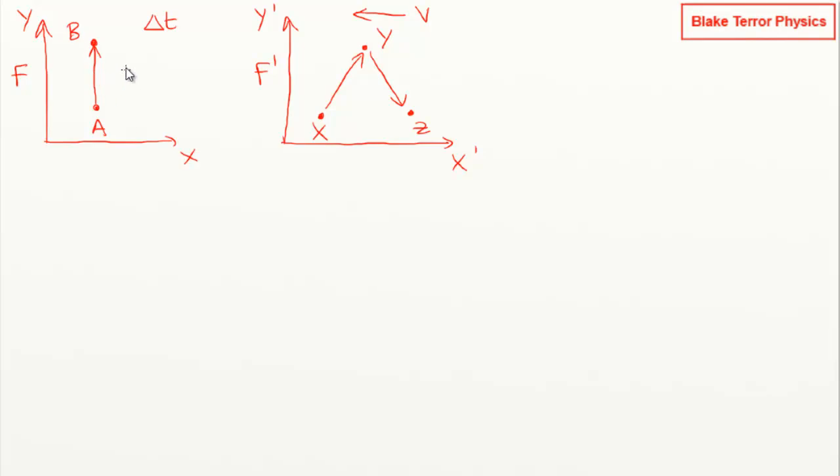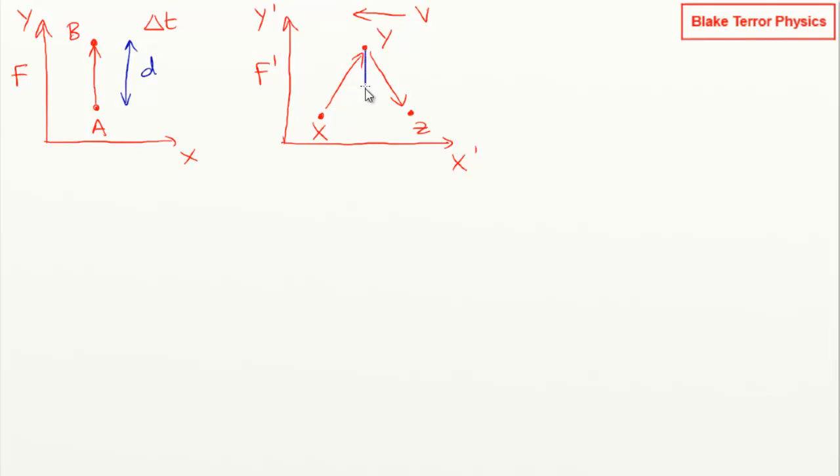Let's add in a few distances here. So let's say the Y direction here for A to B is d, that Y distance. And I've put this distance parallel to the y-axis and the motion of the other frame parallel to the x-axis, so we don't have to worry about length contraction because the motion is perpendicular to that distance, so we're not going to get any contraction of that length.